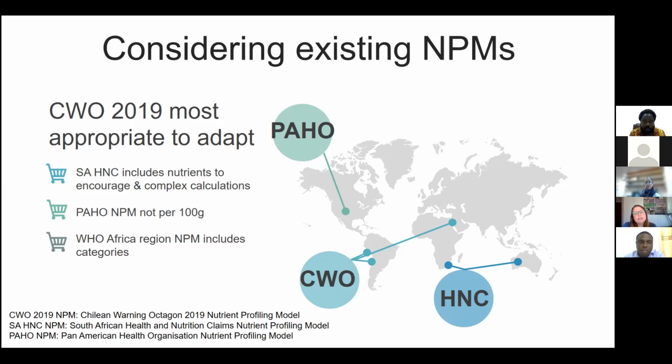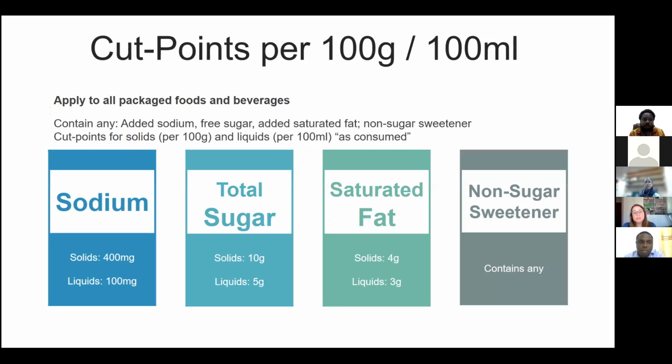We also considered the WHO Africa region model, but because it makes use of categories rather than across the board, we excluded it, and we identified the Chilean Warning Octagon as the most appropriate model to adapt for our purposes. The cut points for our proposed model are similar to the Chilean models with a few adaptations.